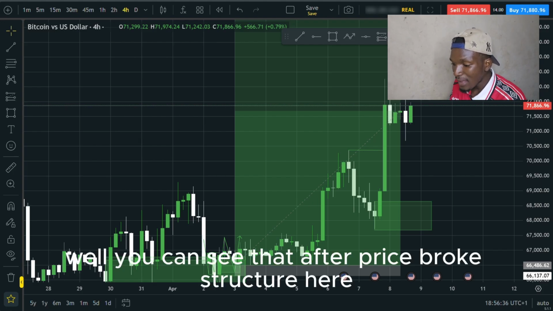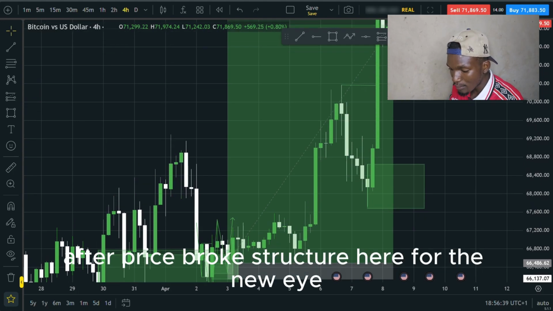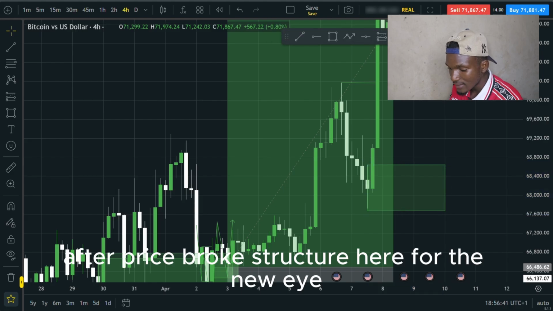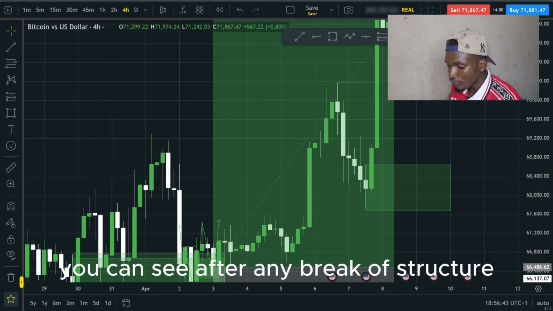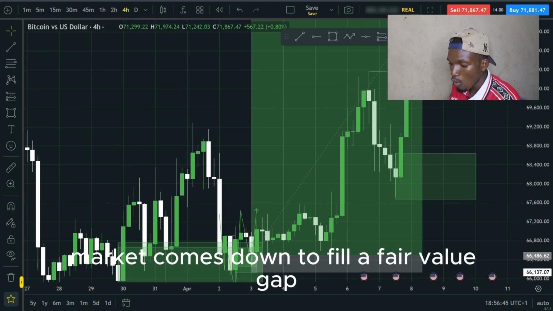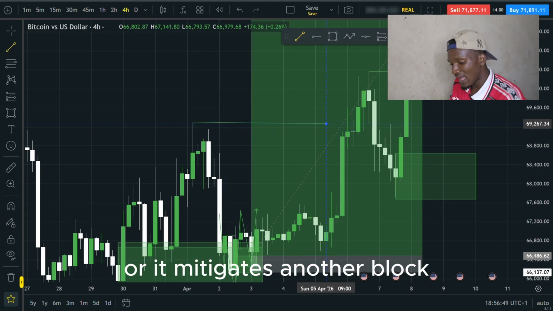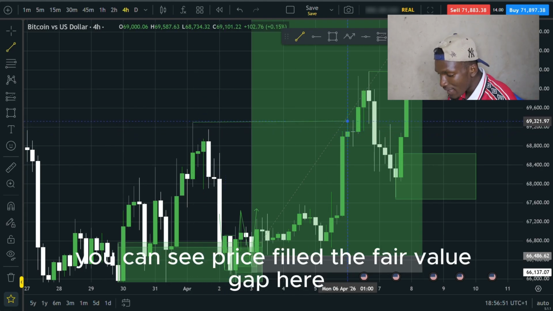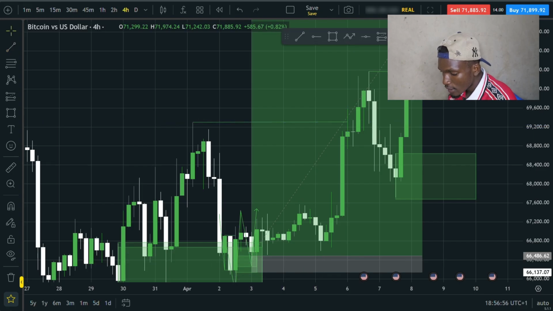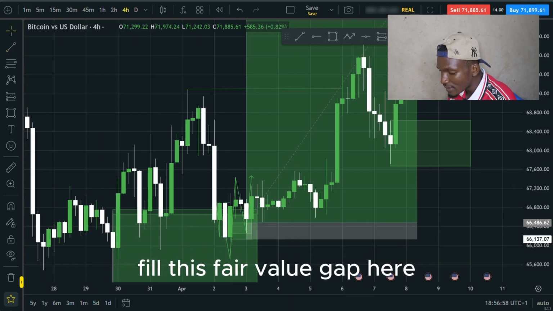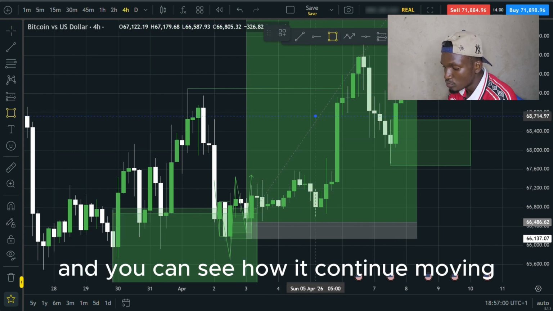But you can see that after price broke structure here for the new high, like I just said, the market comes down to fill a fair value gap, or it mitigates another block. You can see price filled this fair value gap here, and you can see how it continued moving.